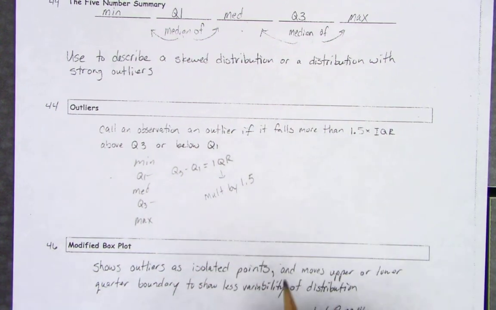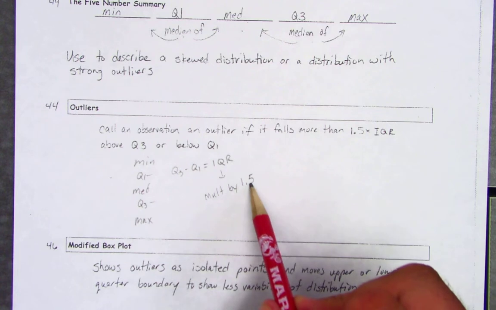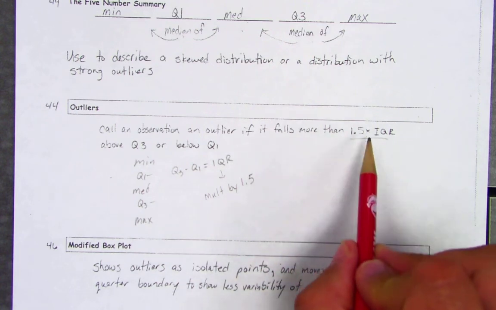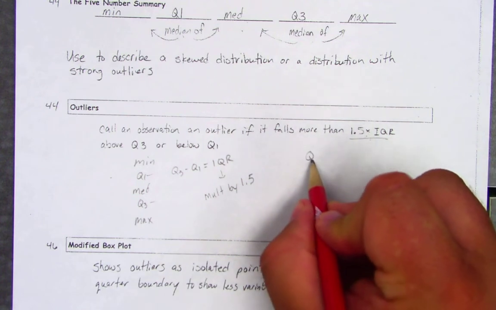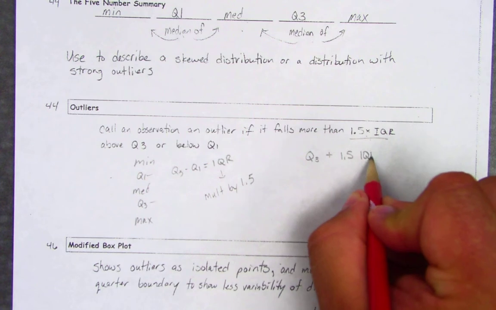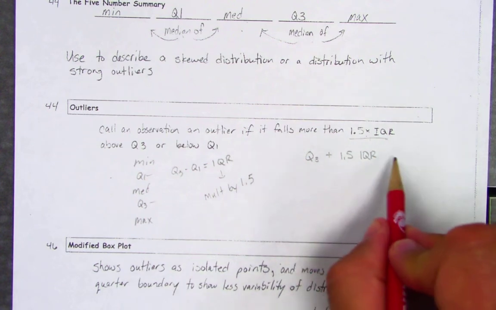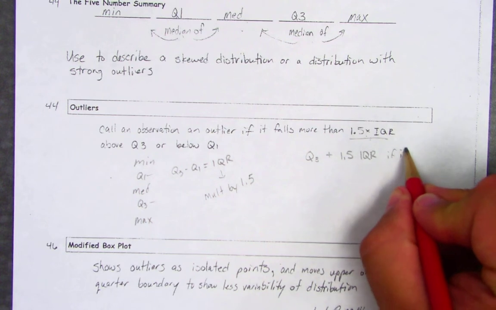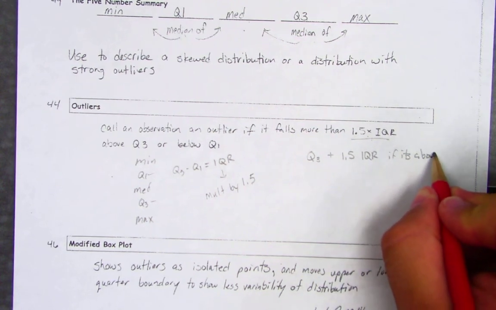Take this number and you multiply it by 1.5. Now look at all the observations. Once you do this, you do 1.5 times the IQR. Go add that to Q3. So you do Q3 plus 1.5 IQR. If your number is above this, it's an outlier.